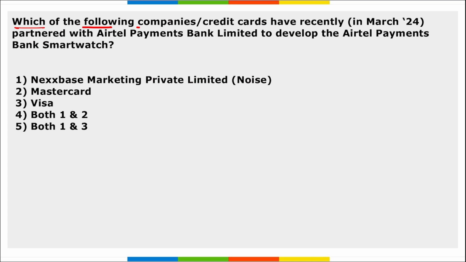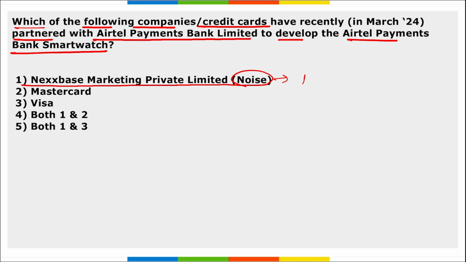Next, which of the following companies or credit cards have recently partnered with Airtel Payments Bank Limited to develop the Airtel Payments Bank smartwatch? So which is that organization? It is Nextbase Marketing Private Limited, that is your Noise. It is similar to Boat, right? Boat, we know, provides electronic devices, and similarly Noise also provides electronic devices.